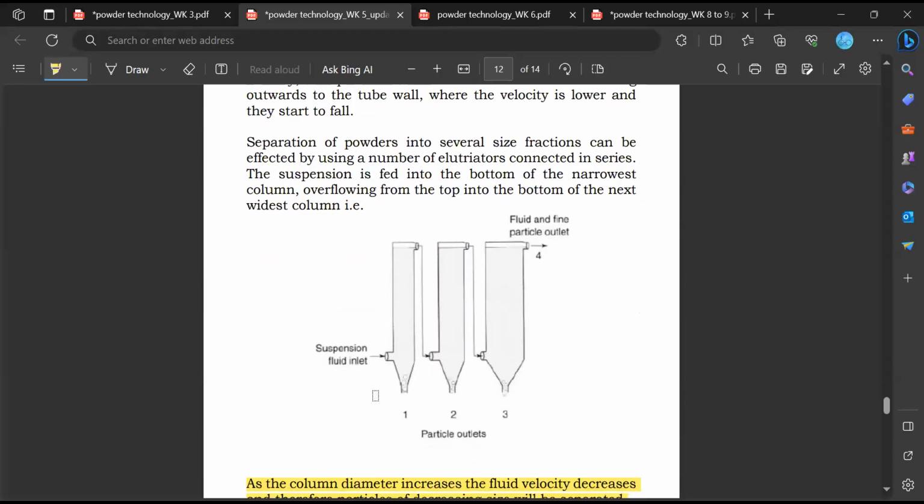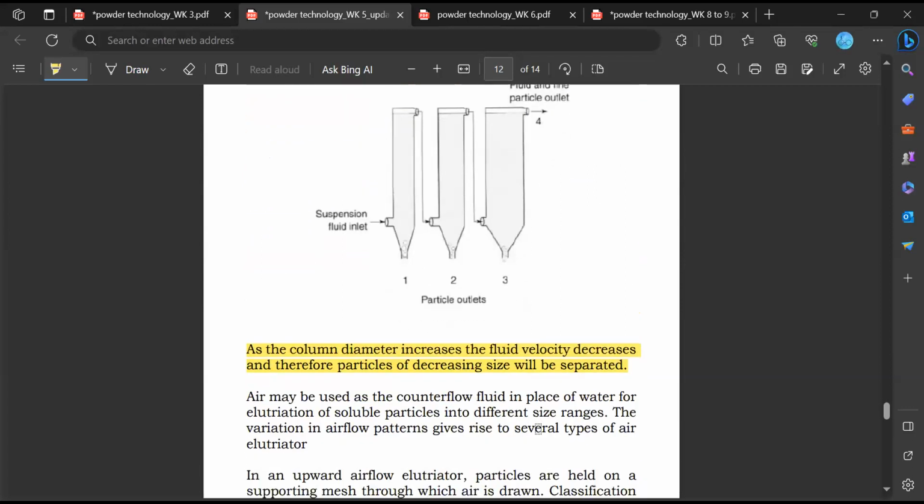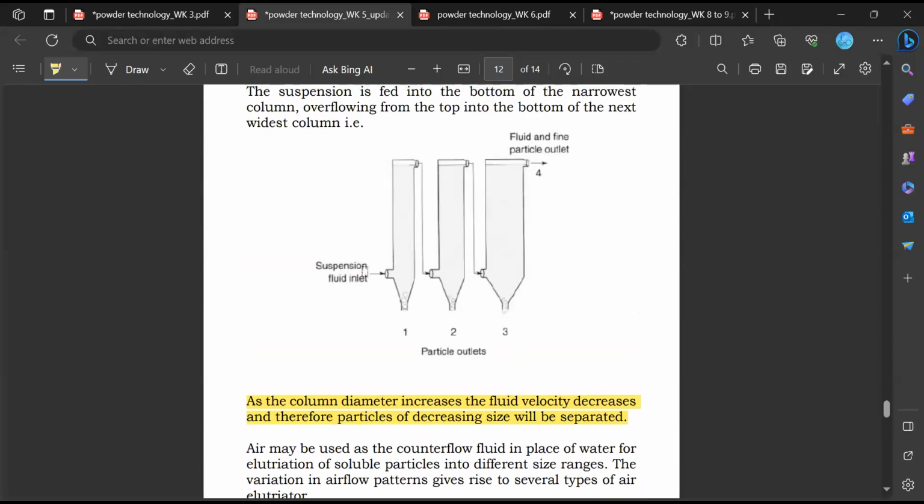Another method over here is that the suspension is let in from this one, and then it goes through tubes 1, 2 and 3, but the diameter of those tubes increases.